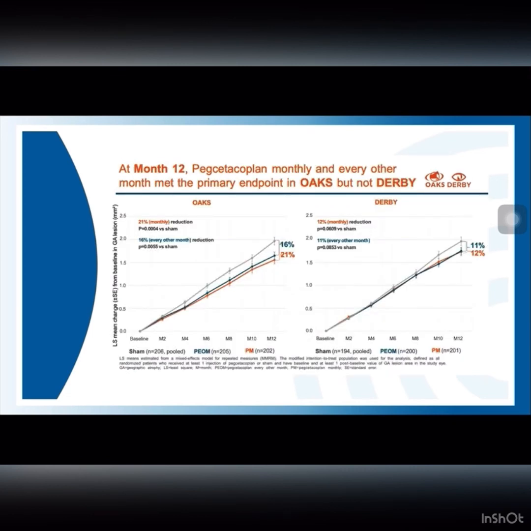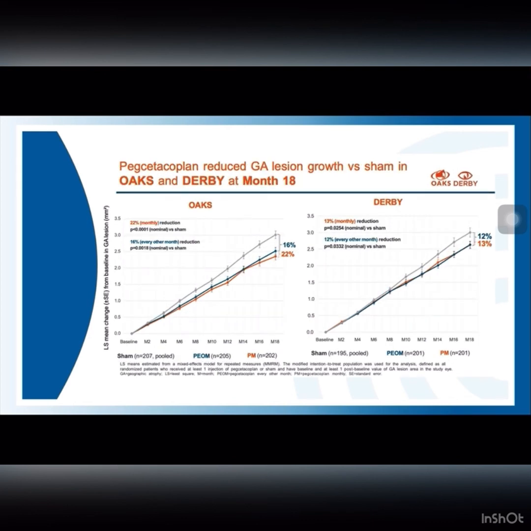Here are the efficacy results from the primary endpoint. Pegcetacoplan monthly and every other month met the primary endpoint in OAKS, but not DERBY. Looking at the 18 months data, we see that pegcetacoplan reduced GA lesion growth versus sham in OAKS and DERBY at month 18.